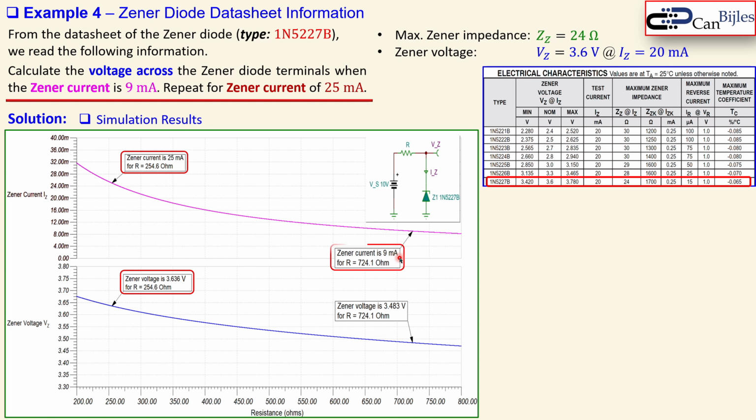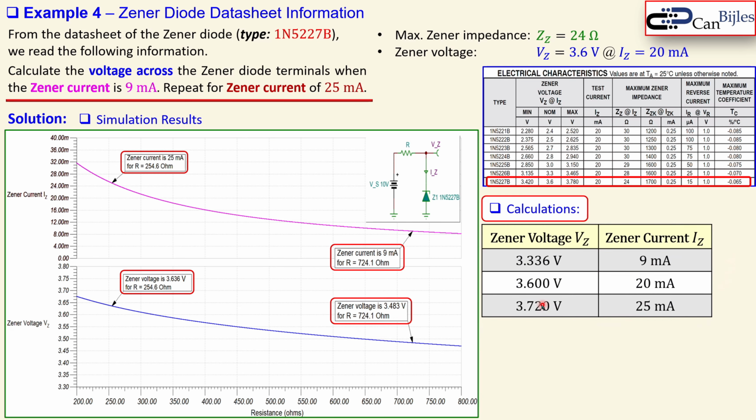Another one is 9 milliamps, which occurs at the specific resistance, 724.1 ohms. At the same resistance I have the Zener voltage, which is 3.483. Again, it is larger than what we have calculated. Again, because from the calculation we had this 9 and 25, and this was the nominal.